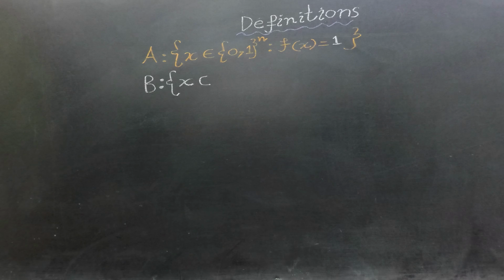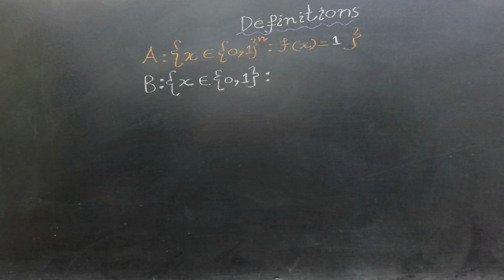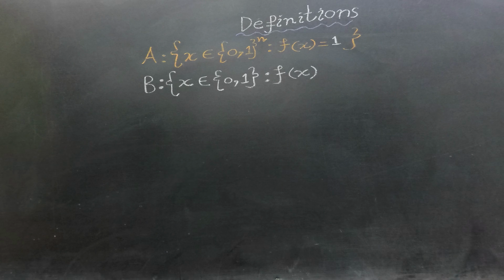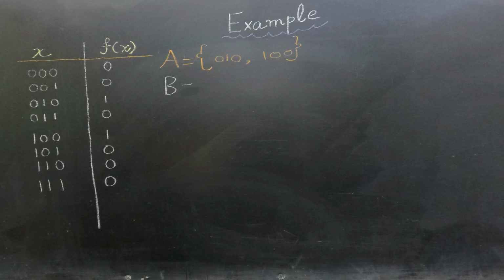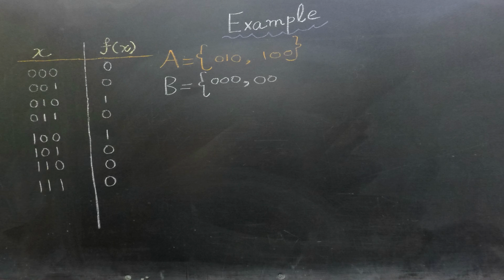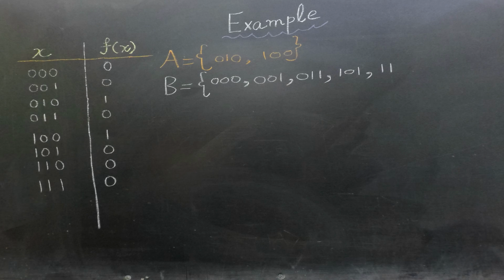Next, we will define set B containing all inputs yielding a false output. For our example, that set will contain 0, 0, 0, 0, 0, 1, 0, 1, 1 and all other inputs yielding a false result.